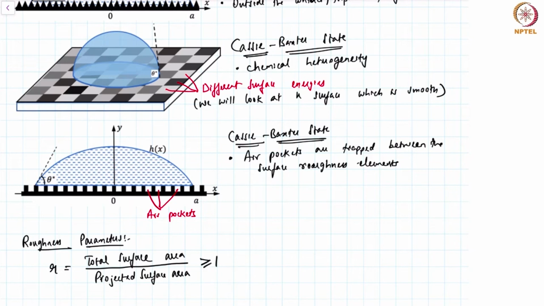For a perfectly smooth flat surface, this quantity is exactly equal to 1. But for any rough surface, the undulations will increase the surface area, and therefore the roughness parameter R is greater than 1. We have another parameter which we'll call phi s, and this phi s is primarily valid in the last case, the Cassie-Baxter state with air pockets. This is the ratio of the area of the islands to the projected area.